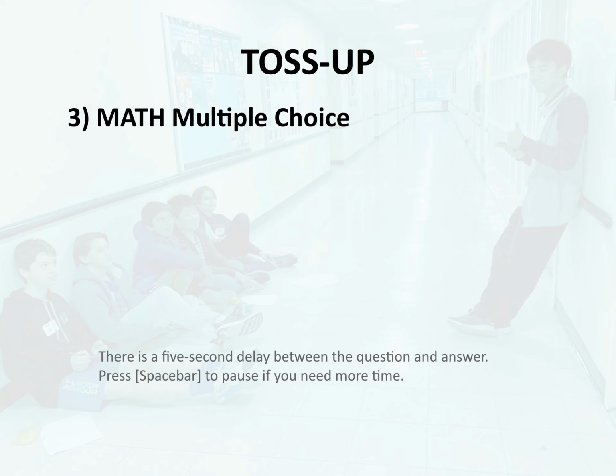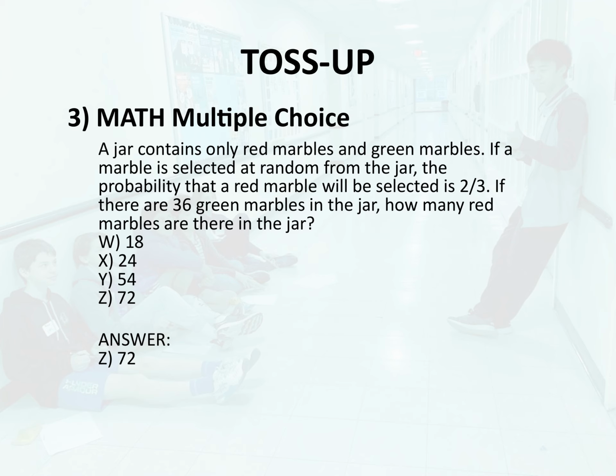If there are 36 green marbles in the jar, how many red marbles are there in the jar? W, 18. X, 24. Y, 54. Z, 72. Answer. Z, 72.